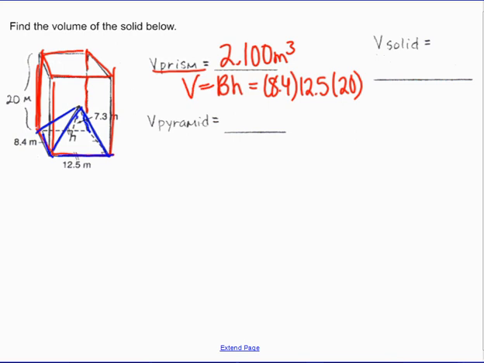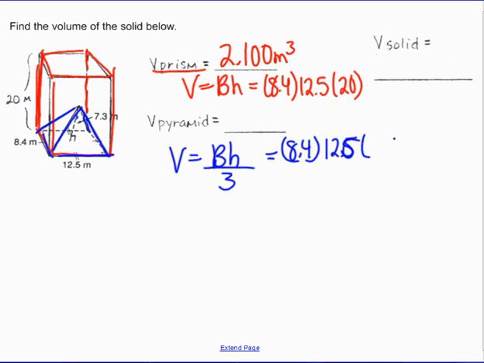And like I said before, now I'm going to find the volume of the pyramid. The volume of the pyramid is very similar to the volume of a prism, only you cannot forget to divide by 3. So I'm going to find the area of the base, which is the same as the other one. So I'm going to go 8.4 times 12.5. And then I need to multiply that by the height.